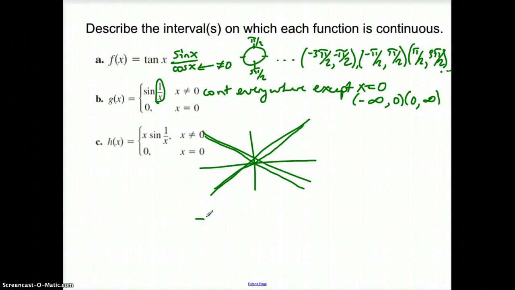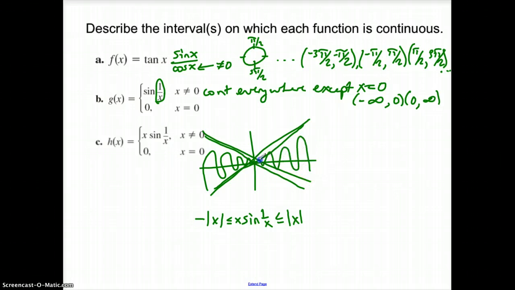So the negative absolute value of x is less than or equal to x times sine of 1 over x, which is less than or equal to the absolute value of x. So this is the graph of x times sine of 1 over x. It goes like this, crazy like that, and then it squeezes between there and like that.